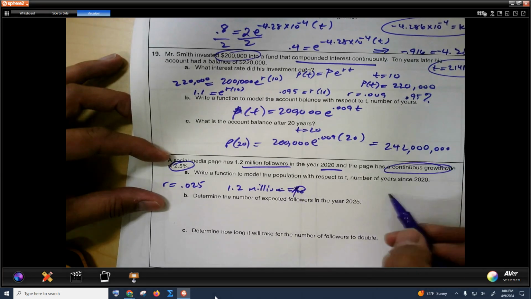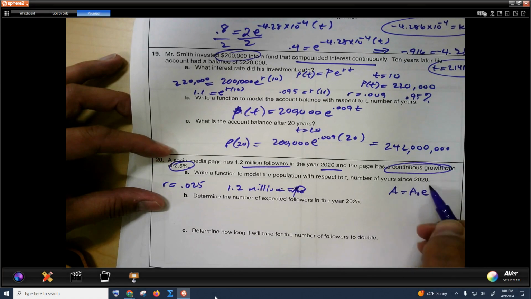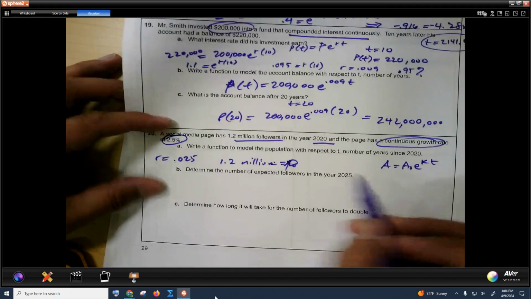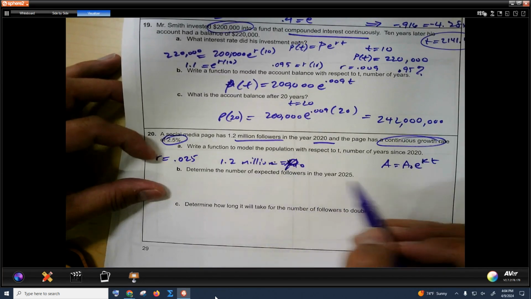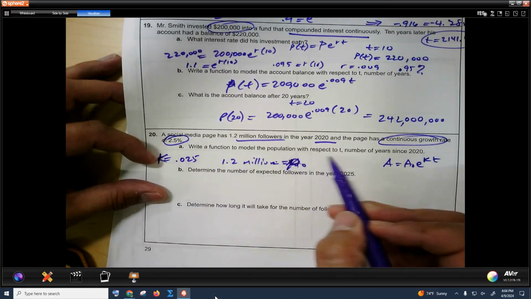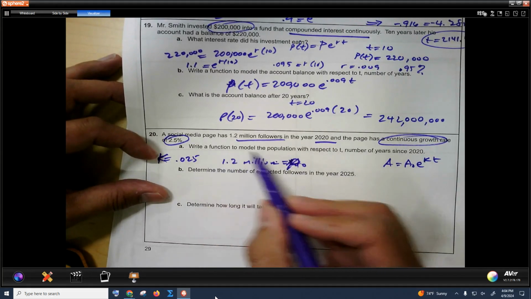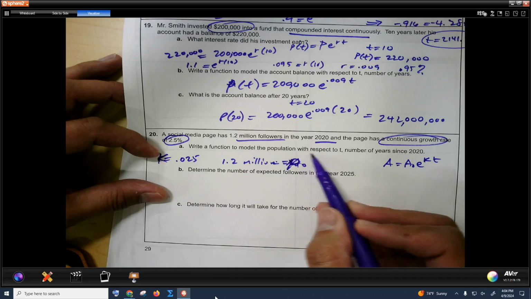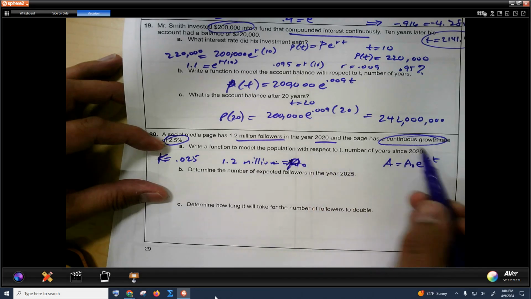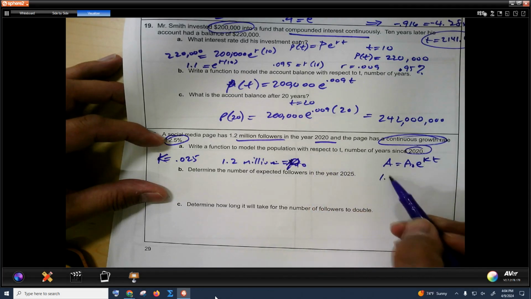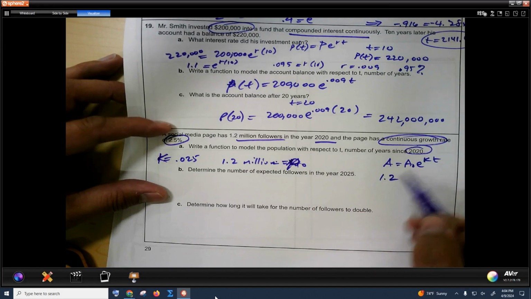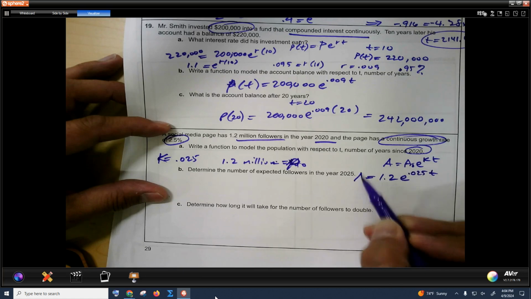But the continuous compound lets us know we're going to use this formula. Or in this case, I'll say A sub 0. And then that will be K. And then write a function to model the population with respect to T after this year. So that just means 1.2 goes here for the A sub 0, E, 0.025 T, and that's our equation.